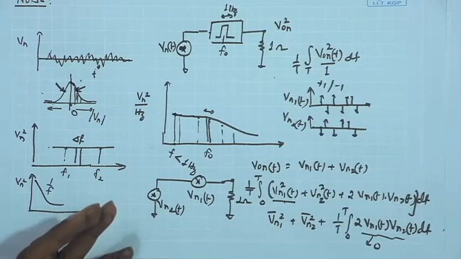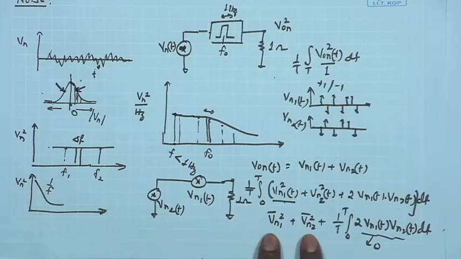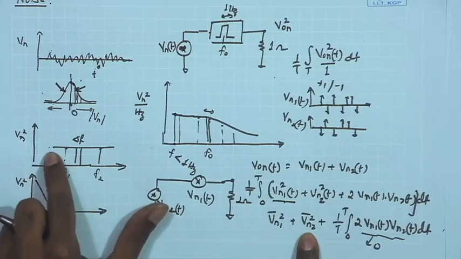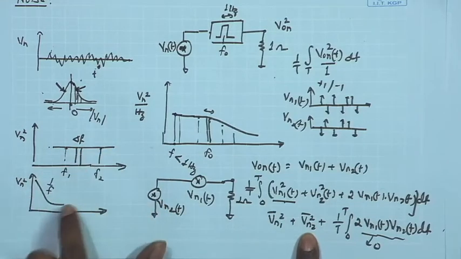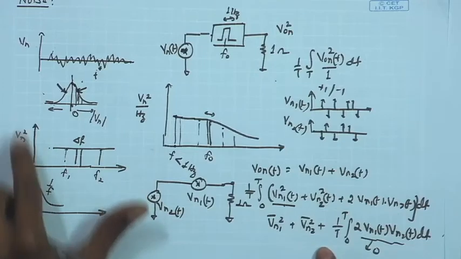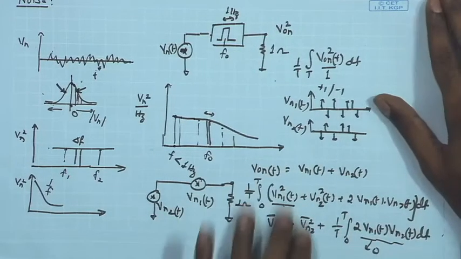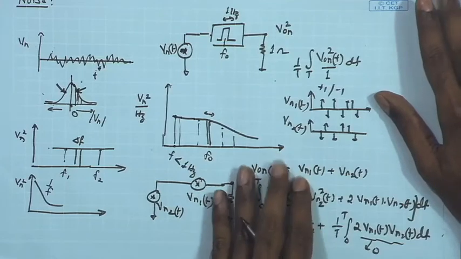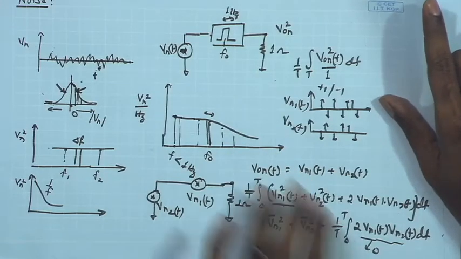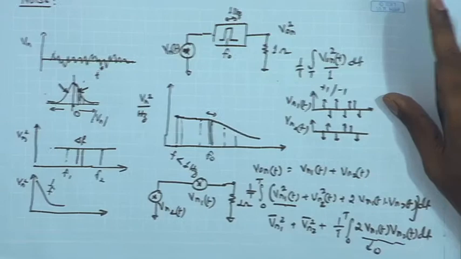The same holds true with respect to spectral density. If we have the spectral densities of two noise sources, each having a certain shape, we need to add their spectral densities to look at the overall effect. So, these are the two concepts we need to keep in mind in order to analyze the circuits.